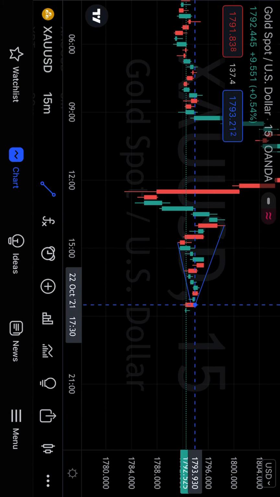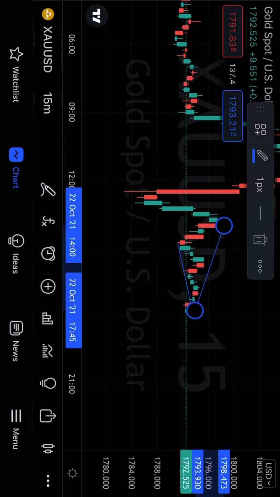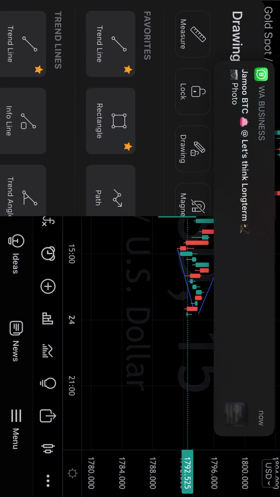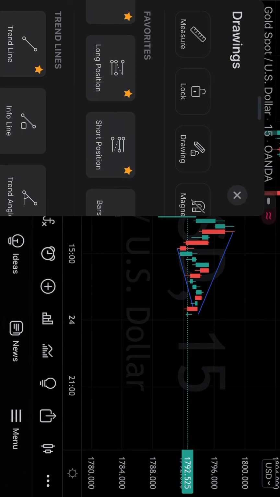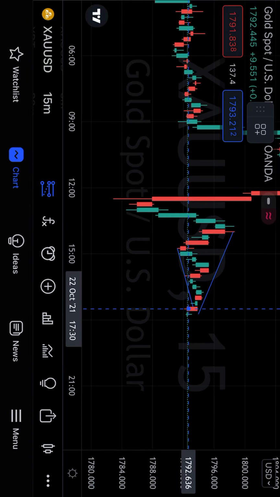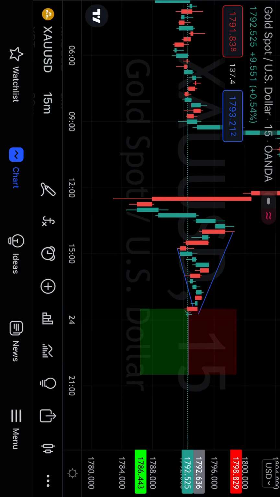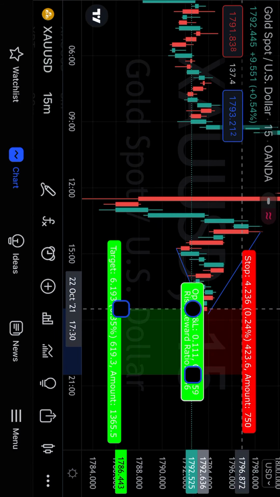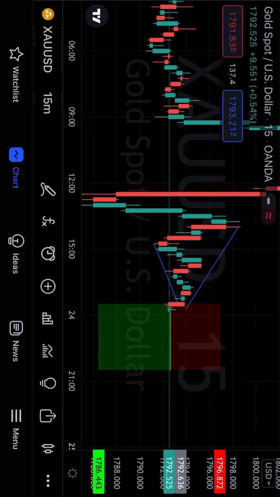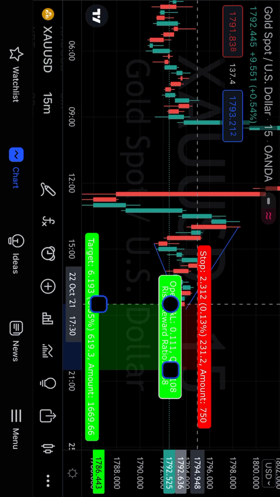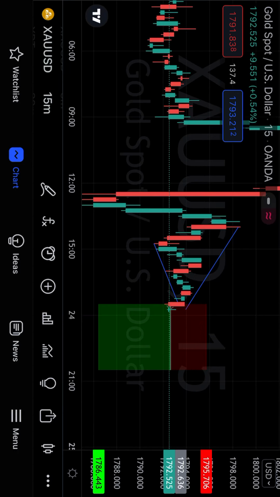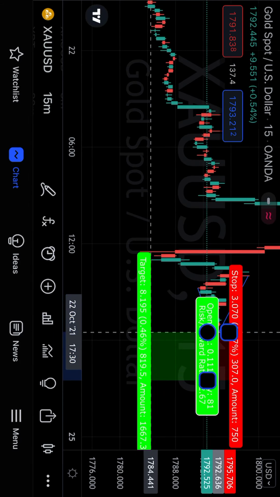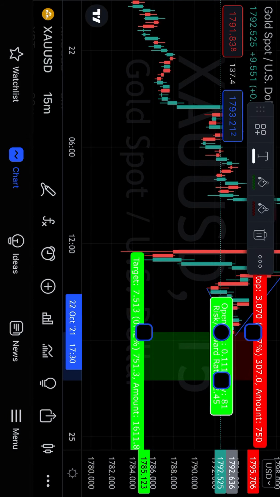So when market opens, I'm going to short this pair, right? I'm going to go short on XAUUSD, with my humble stop loss above. I might take profit at this previous low.